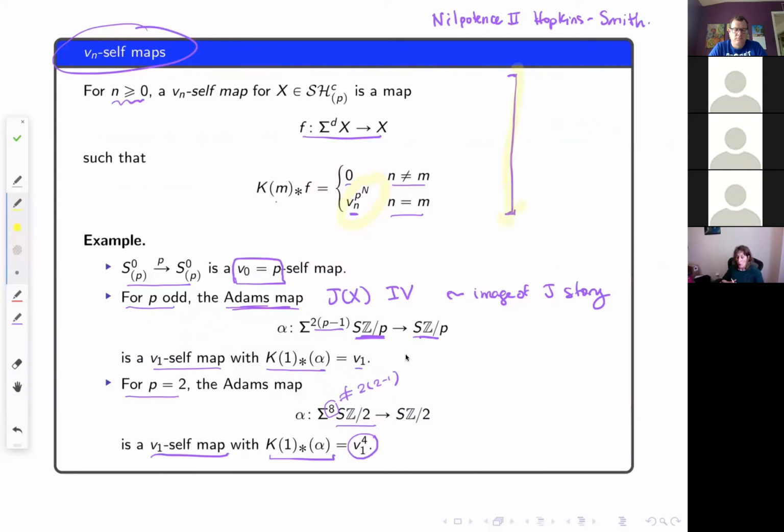You might want to follow up on definitions. You know more than I do on v_n self-maps. But I have at some point understood all the details in the proof of the theorem in the nilpotence paper, which says that if you have a v_n self-map, there's one that's a power of p times v_n. There is one self-map out there that has this property.